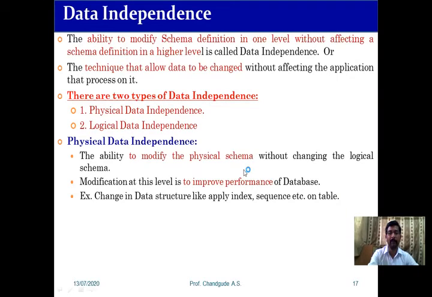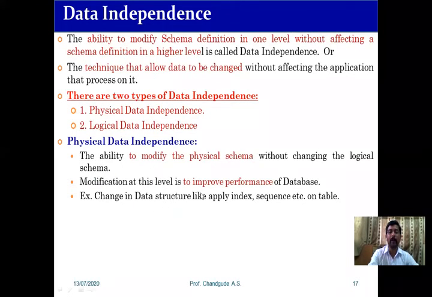So what are the different examples of it? For example, a change in a data structure after applying an index on that particular data structure or database, or after applying sequences on that particular database. There are many more; these are the examples.